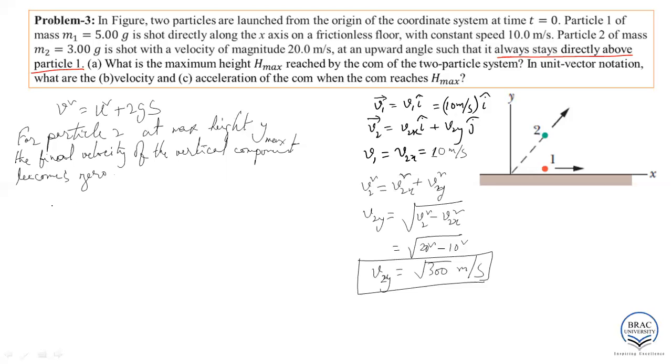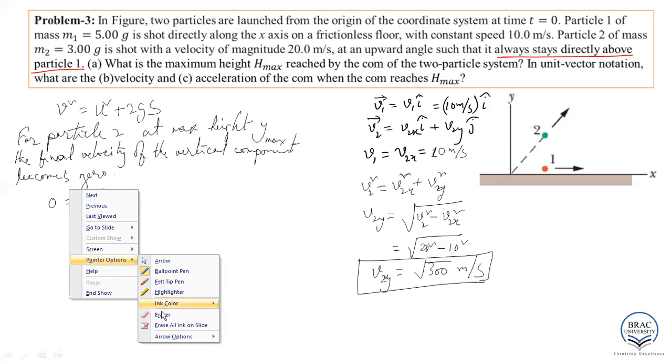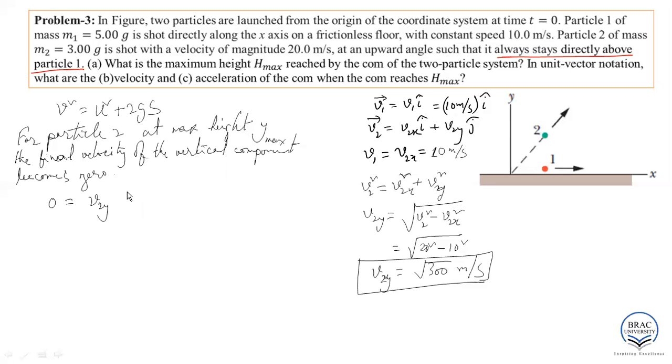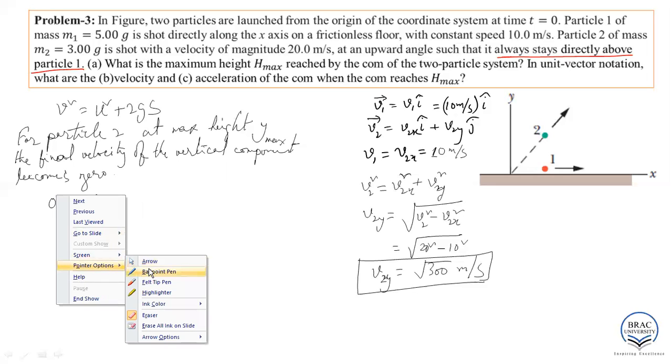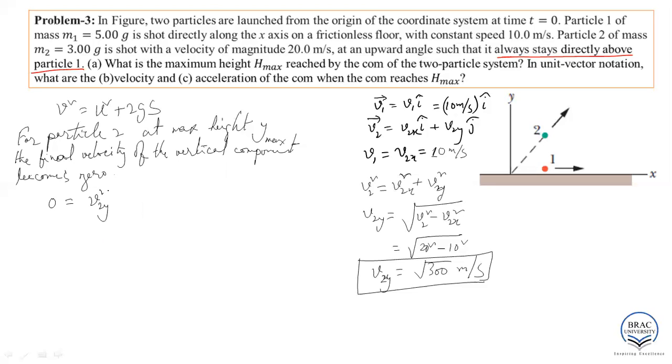So the equation becomes 0 is equal to the initial vertical velocity component of particle 2, v2y square, minus twice g times y max.